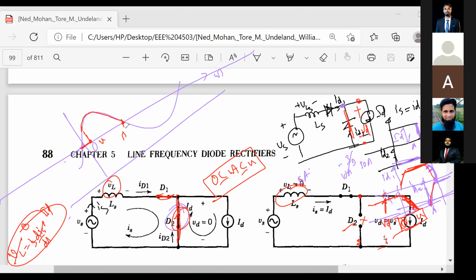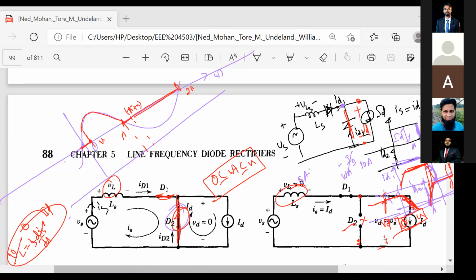And after that, like here, again D2 is on, and it will be on up to twice pi, right? Here, if it is pi plus u, D2 of course is on, and even after that, pi plus u to twice pi, D2 should be on, right?